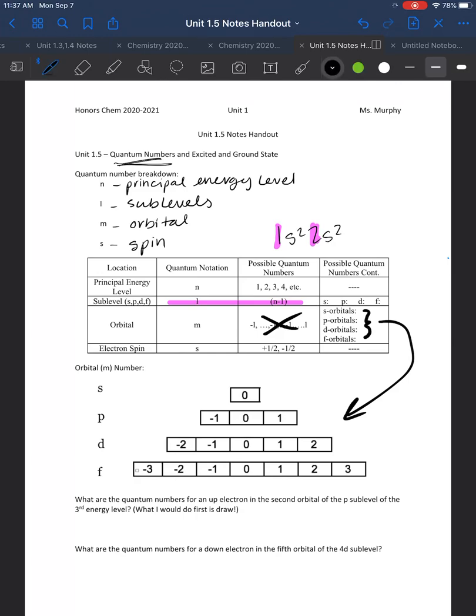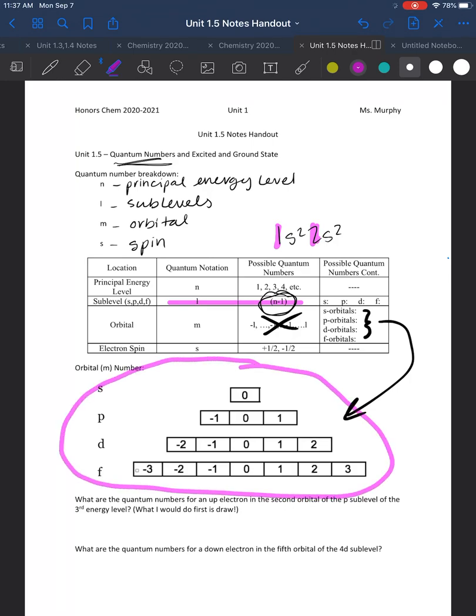The next part we have is sublevel L. It's as simple as, once you determine n, L is just n minus 1. Now, orbital M, or quantum number M, has to deal with orbitals. The easiest thing I found is referring to this chart. S sublevels can only have 1 orbital, so there's only one possible option for M, and that's M equals 0.